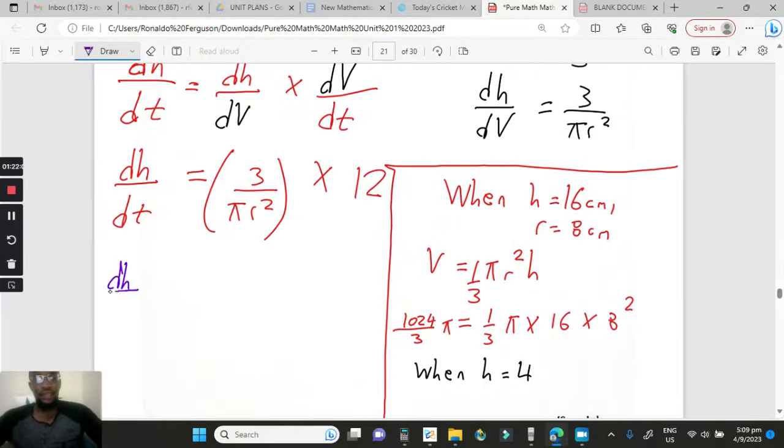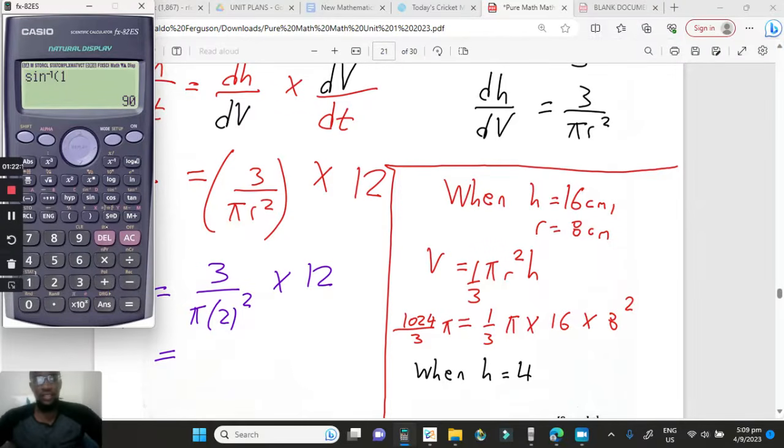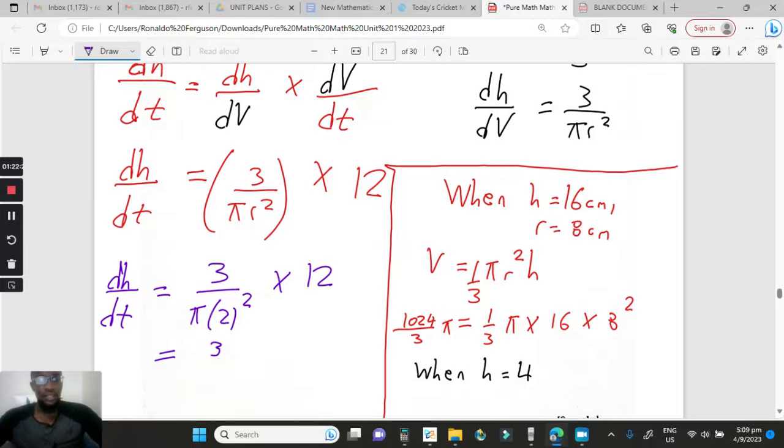So dh by dt is 3 over pi times 2 squared times 12, and then we'll plug it in. 2 squared is 4, so that's 3 over 4 pi times 12. And then we can simplify: 4 into itself 1 time, 4 into 12 3 times. So this is just 9 over pi.